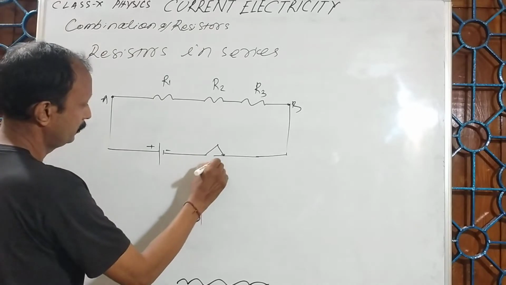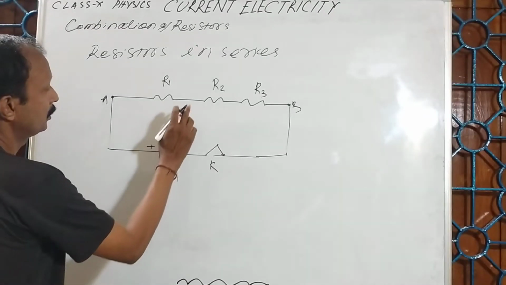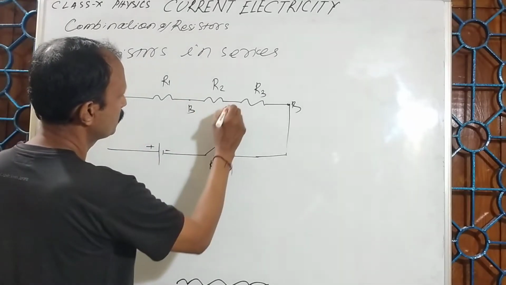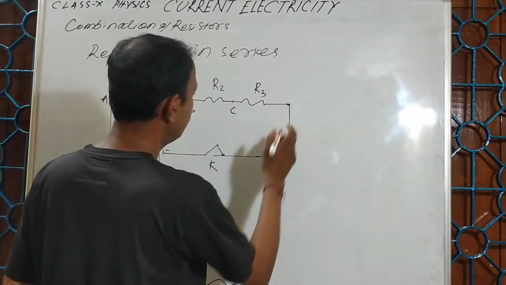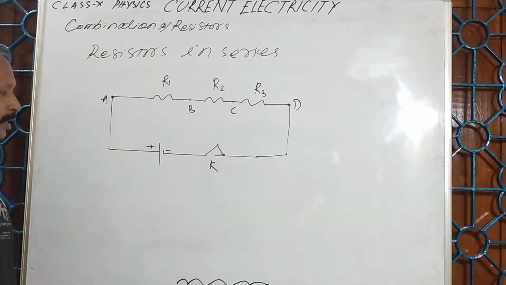This is the key. Here is one resistor. Suppose this point is B, this point is C. I can mention this point as D. Listen carefully.